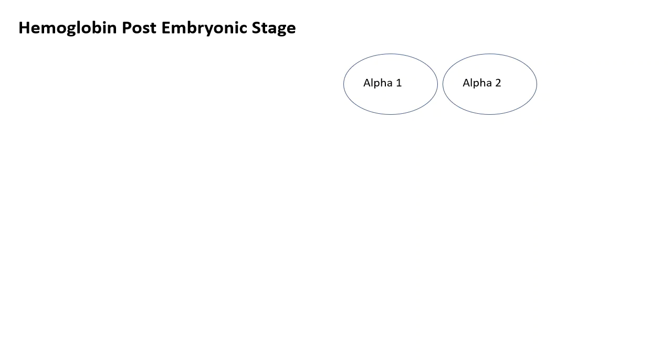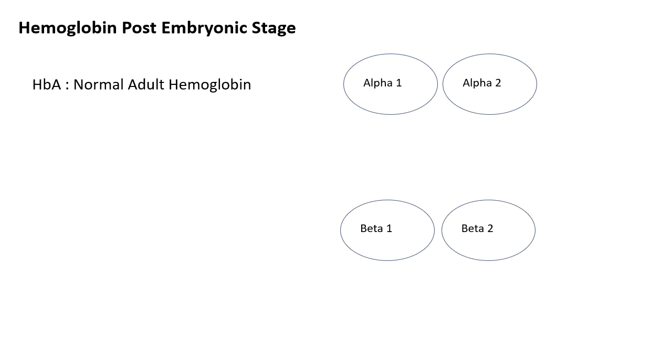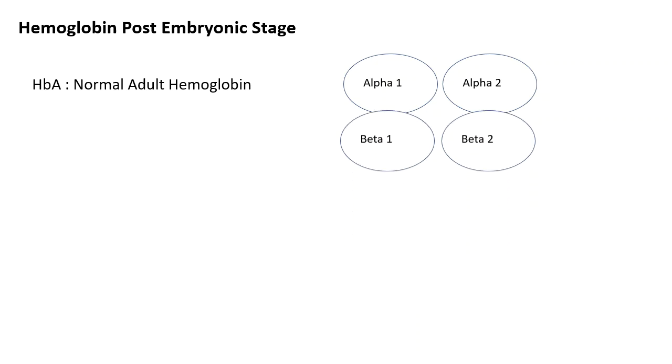So, in the post-embryonic stage, what all hemoglobins do we see? HbA is the normal adult hemoglobin. Now, in the post-embryonic stage, all the hemoglobins would have two alpha chains and two beta or beta-like chains. So, HbA is the normal adult hemoglobin, when two beta chains attach to 2 alpha chains.